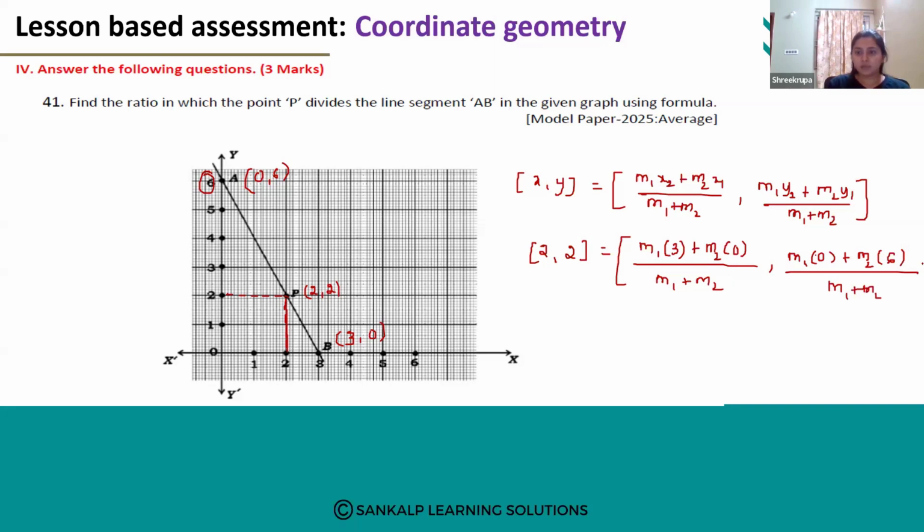Divided by M1 plus M2. If we equate this to 2 and this to 2 as well, we can calculate the ratio.